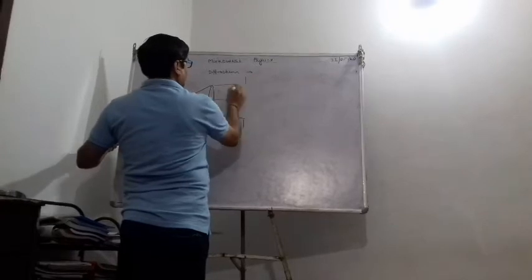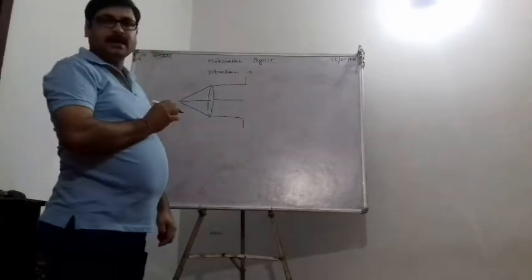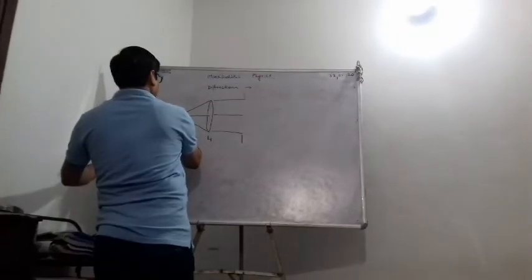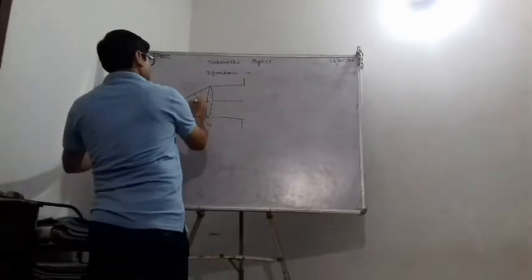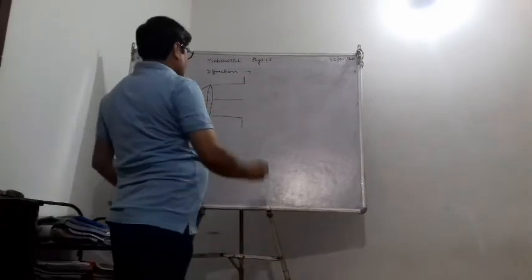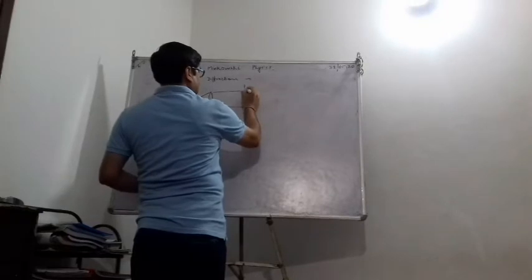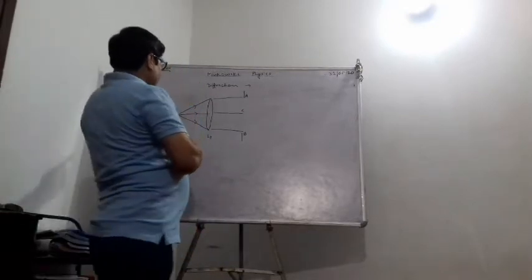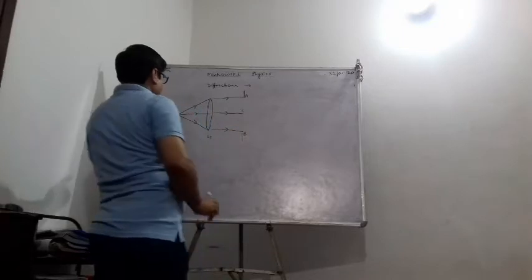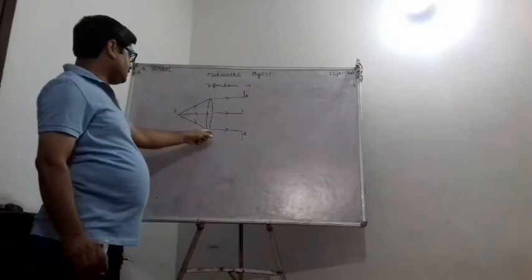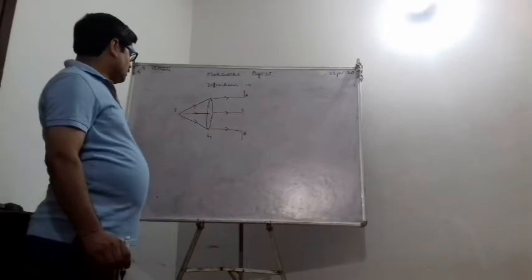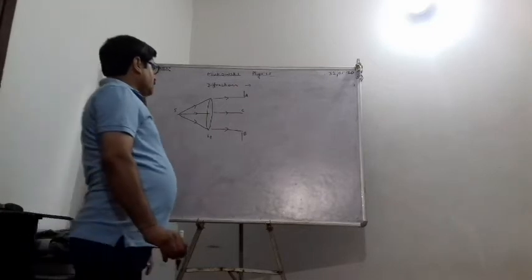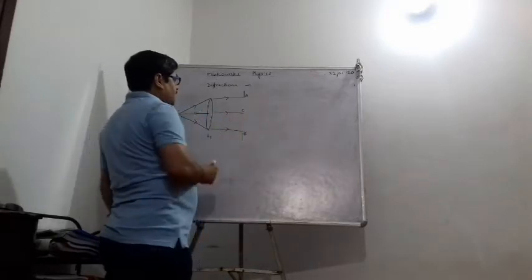Collimated means the rays of light are made parallel with the help of a lens. So students, this is the slit, with edges A, B and C. When light comes from the source S and is incident on the lens L1, it is collimated, meaning light rays become parallel to each other.